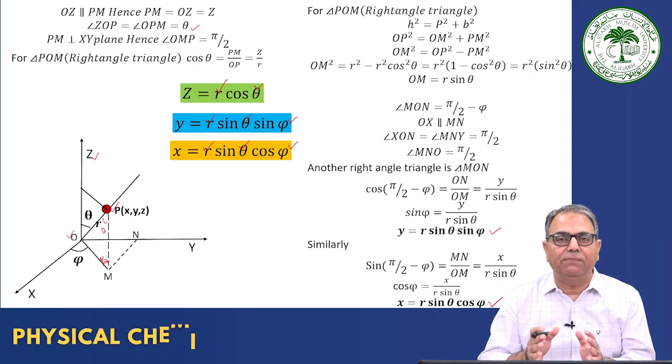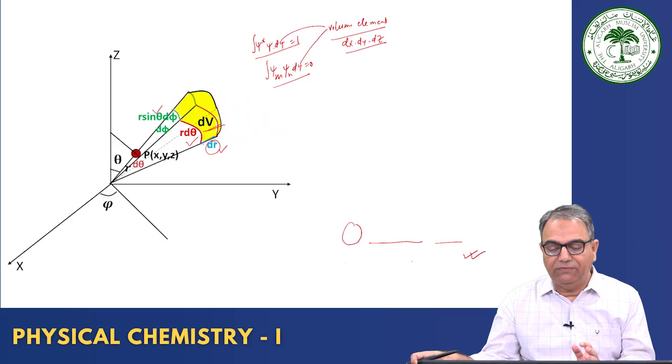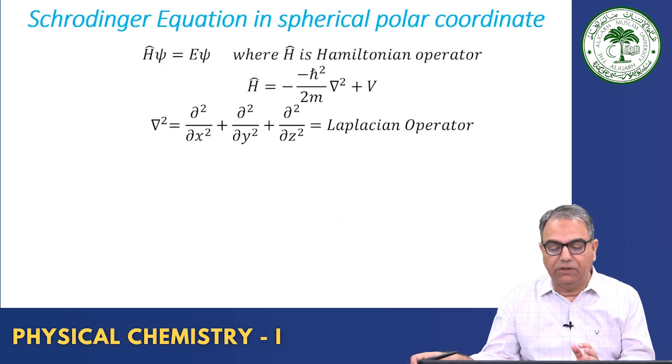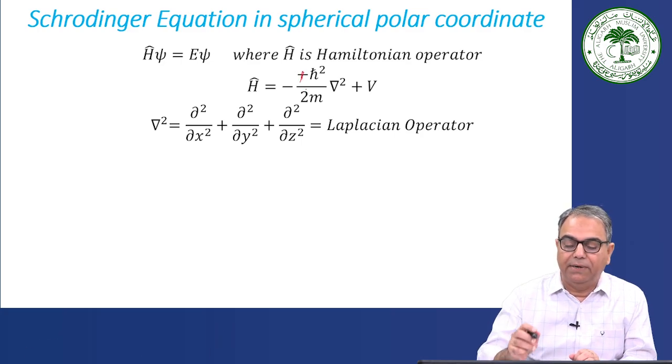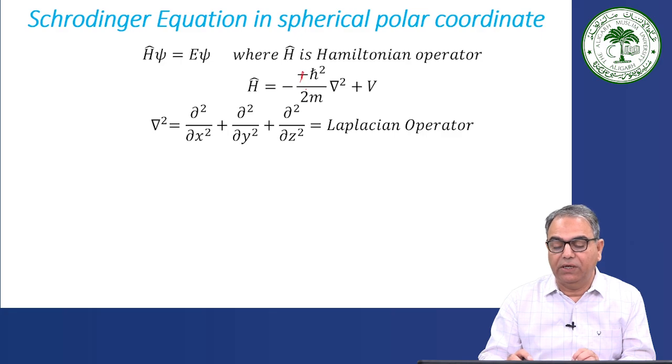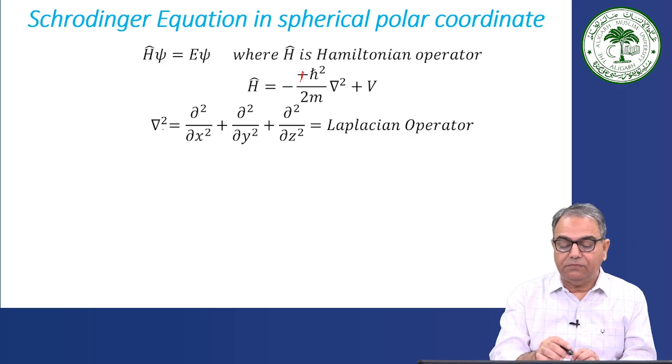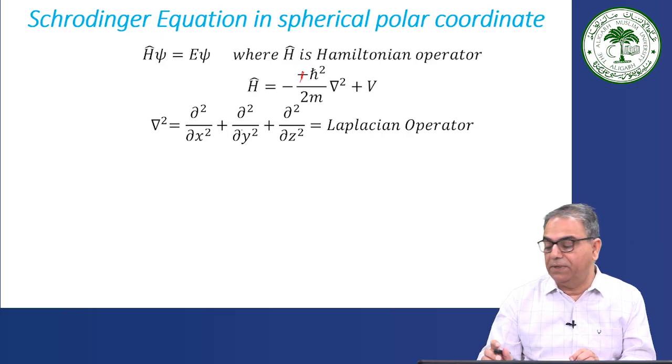It is not much needed, but you will have to remember the form of the Schrodinger wave equation. So, this is your Schrodinger wave equation, H psi equals E psi, where H is the Hamiltonian, minus h cross squared divided by 2m del squared plus V. Del squared is the Laplacian operator.